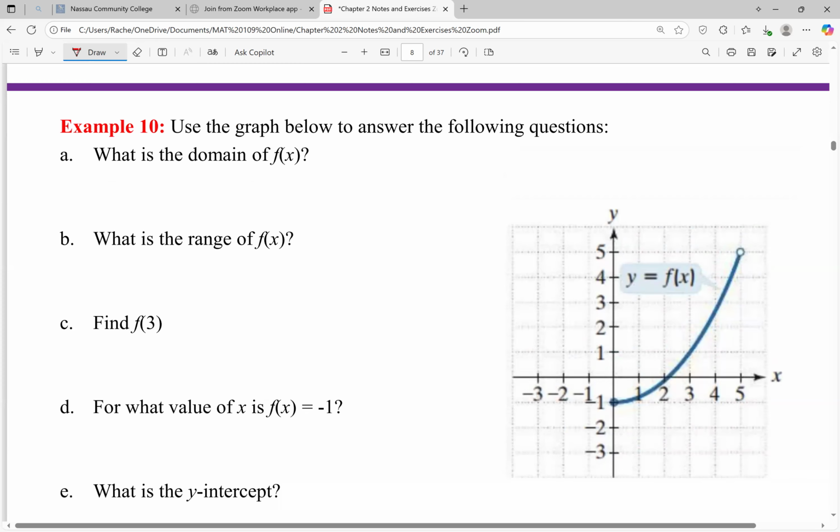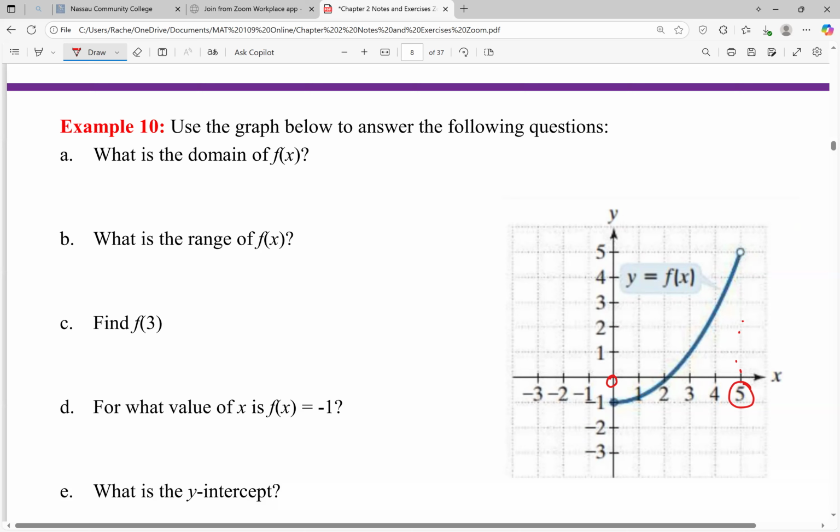So what's the domain of f of x? Look horizontally. Remember, this is x equal to 0. The smallest x value is 0. And this graph increases up to this point with the open circle, which corresponds to x equals 5. But it's an open circle, so 5 is not included.